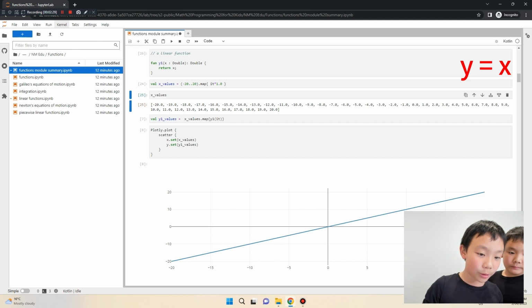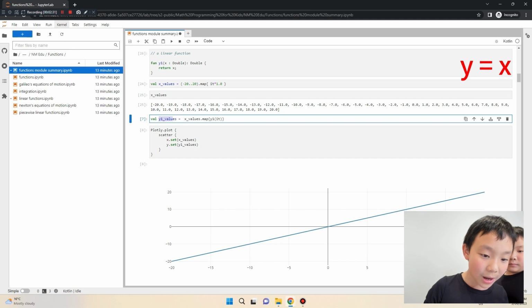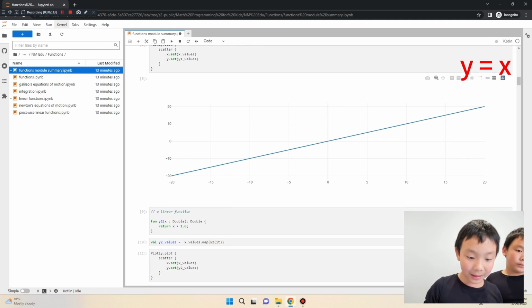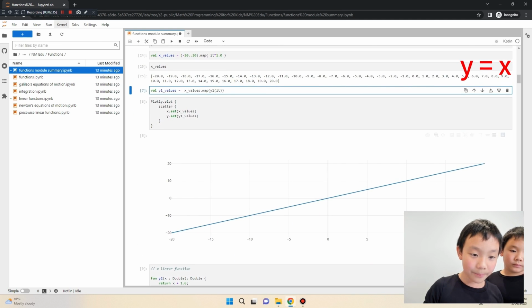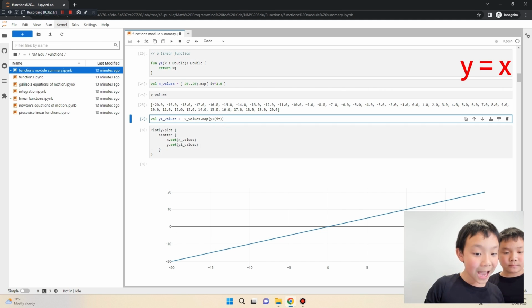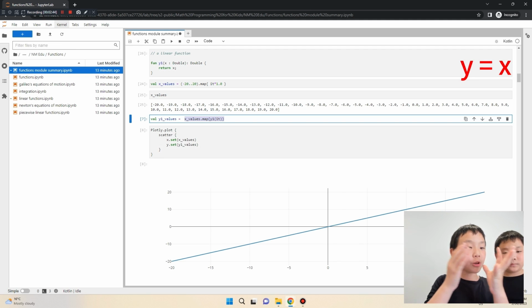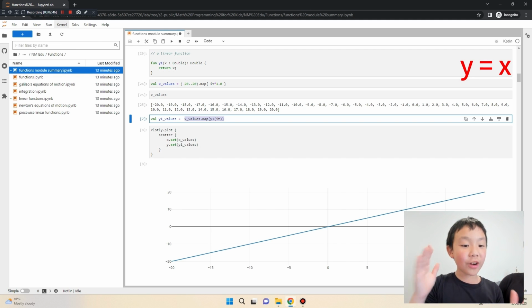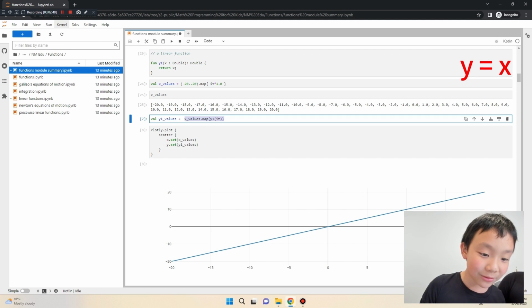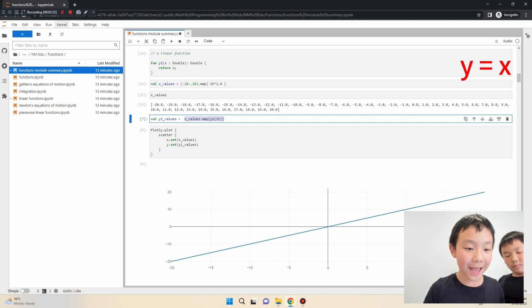And now to make the y points. The y1 values, basically the vertical values, are the x values with the function y1 applied to them, which just gives you the same thing, because y1 is the same as x.